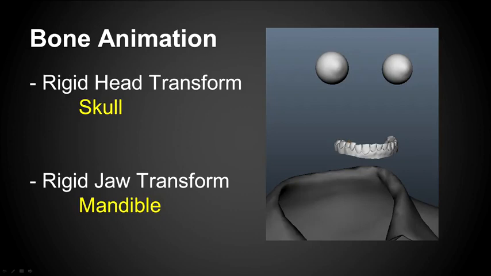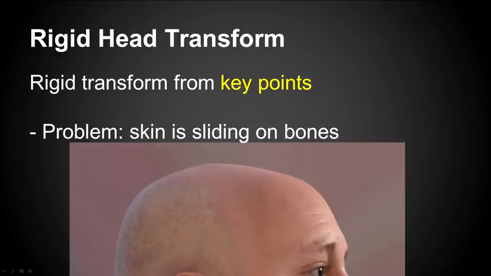Another thing we need for the rig is, of course, the animation of the skull and of the jaw. These two things are very important because you want to attach the eyes to the skull, and you want to attach the lower teeth to the jaw. Actually, you also want to attach the upper teeth to the skull. So how do we get these two transforms from the scans?